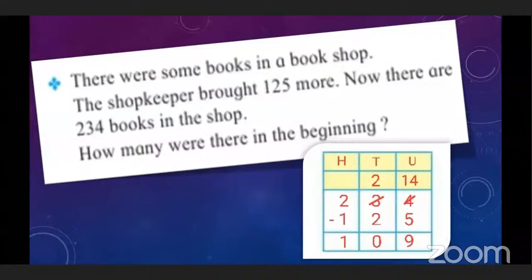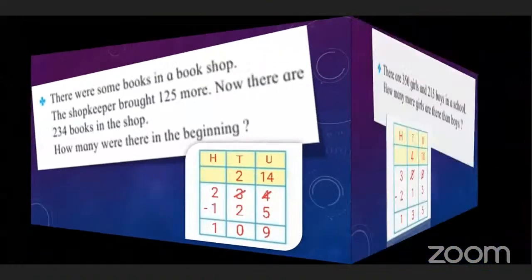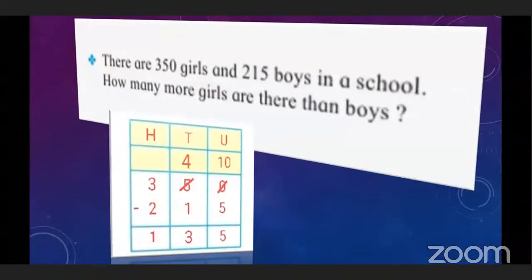Okay, students, let's proceed to the third sum from your textbook. This is one of the word problems from your textbook. There are 350 girls and 215 boys in a school.